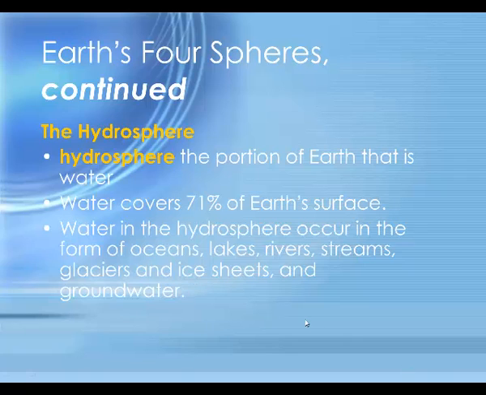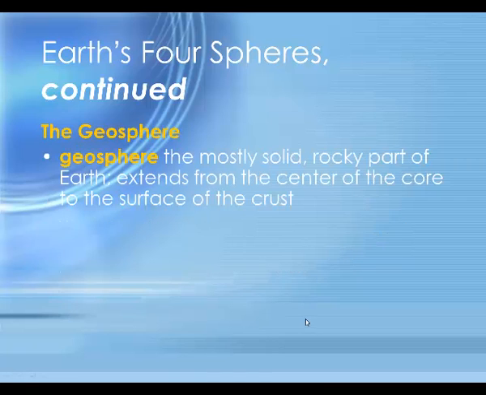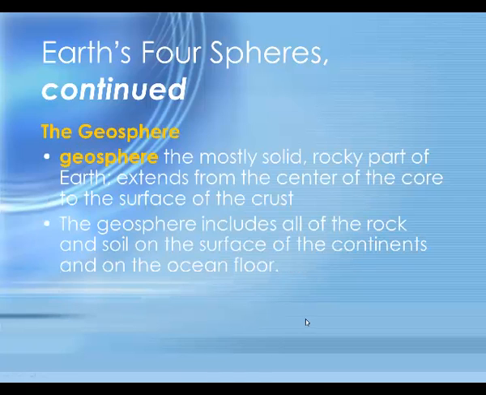The geosphere. The geosphere is the mostly solid, rocky portion of our planet. It extends from the center of the core all the way up to the surface of our planet, the crust that you're standing on. It also includes all the soil that we plant our crops in.